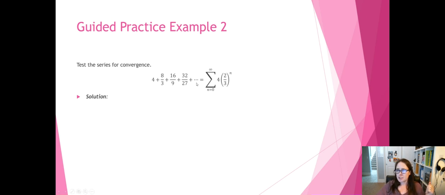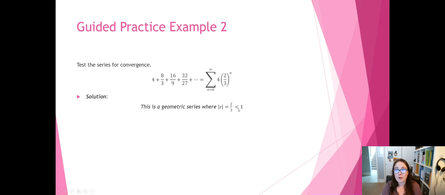Okay, so let's do an example with this one. So here I have a geometric series. They were kind enough to give it to me in summation notation, and I can clearly see that it fits that format. I have some constant out front and then 2/3 to the nth power, where n is my index. So that is a geometric series. And so I'm going to identify it as a geometric series, and the absolute value of r is going to be 2/3. That 2/3 is less than 1.